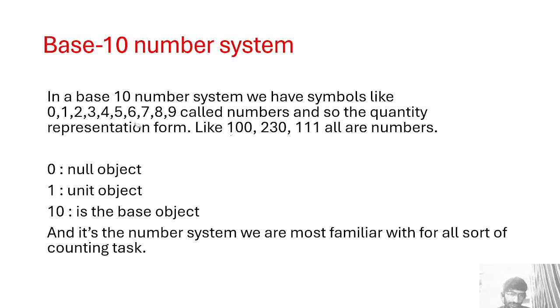And in the base 10 number system, we have 0 as a null quantity, null object, null symbol, 1 as a unit object, and 10 is the base object. It is a number system that you are most familiar with, and you use it all the time for counting.